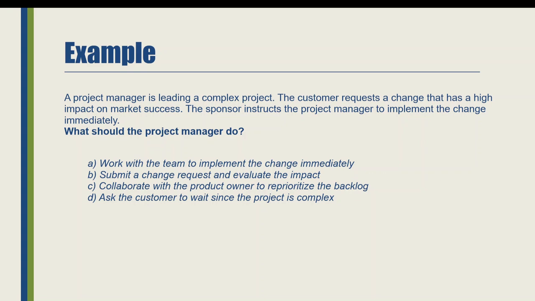This looks to be a reasonable answer, so let's park this. Collaborate with the product owner to reprioritize the backlog. This is related to agile, so let's think of this later. And the last option is ask the customer to wait since the project is complex. No, we never do that. We never ask the customer to wait.